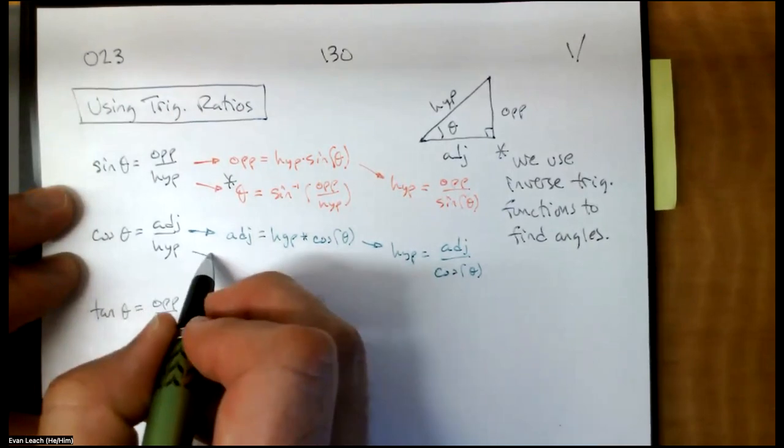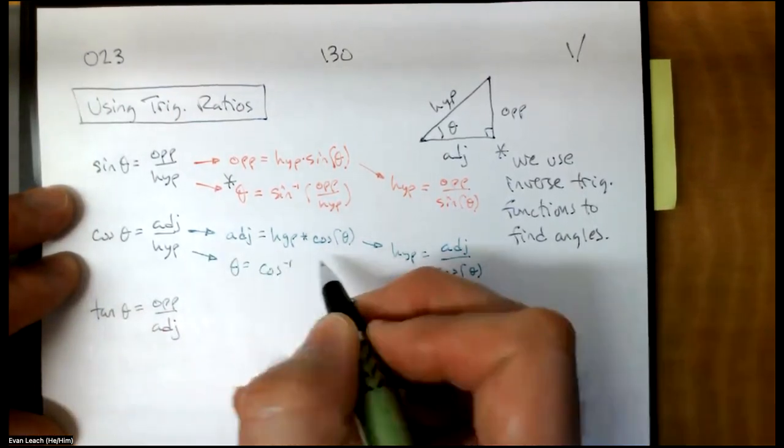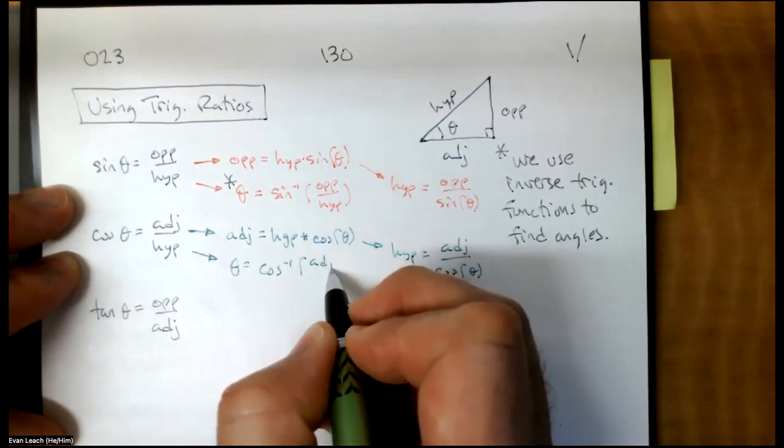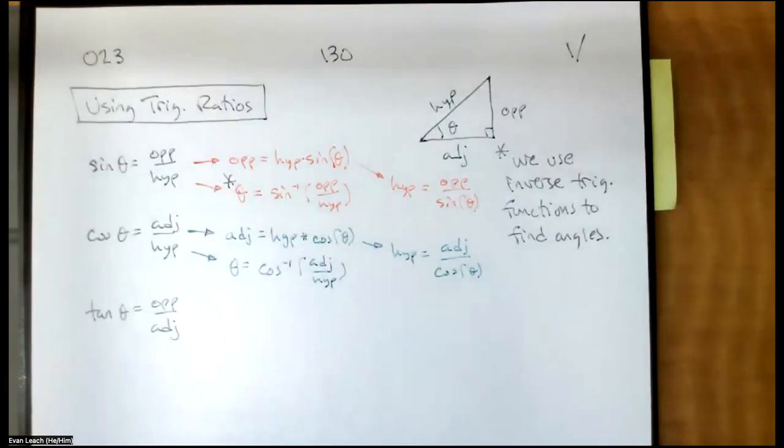Or I could use this to find an angle and say that theta is cosine inverse of adjacent over hypotenuse. We use inverse trig functions to find angles.